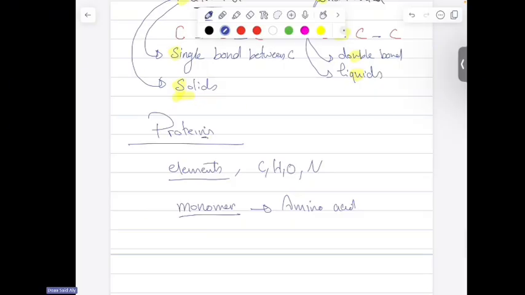But before I show you the structure of the protein molecule, what's the importance of the proteins? Number one, they are important for the growth, and they are important for tissue repair. Number two, proteins make up your hair.